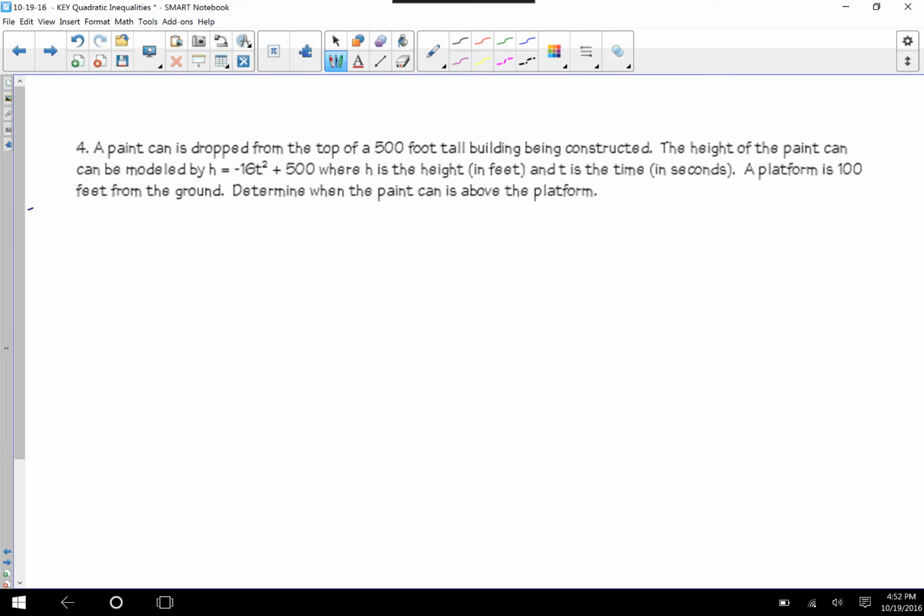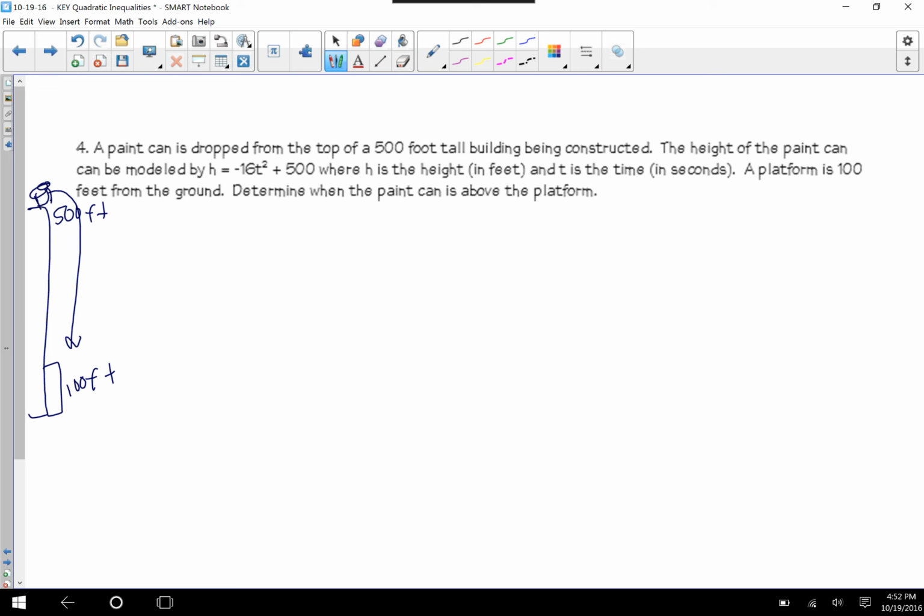So we've got this building, and it is 500 feet tall. There's a platform here that's 100 feet tall. We're going to drop this paint can. I don't claim to be an artist, but this paint can is going to fall right down here. Kind of looks like a can, maybe.